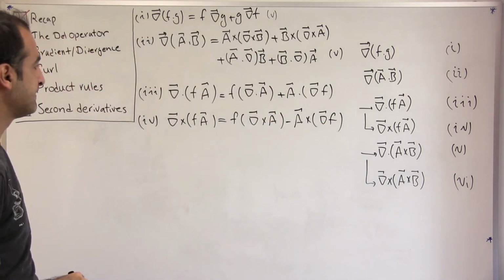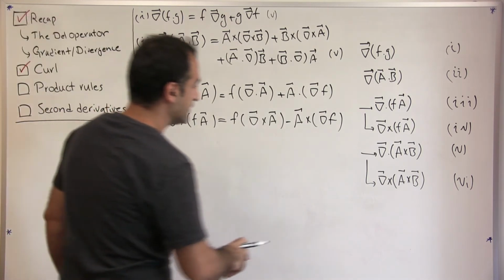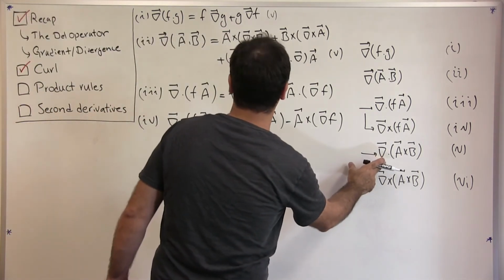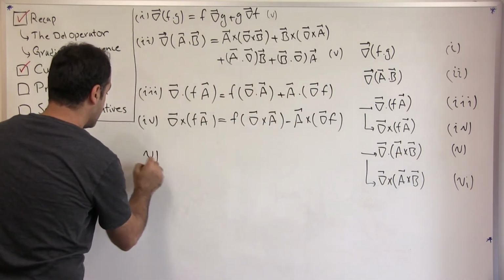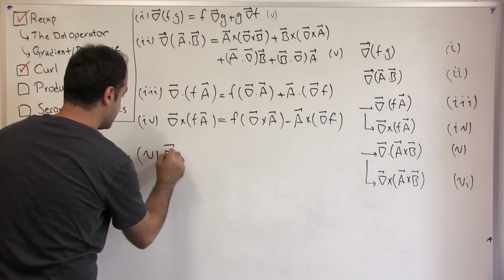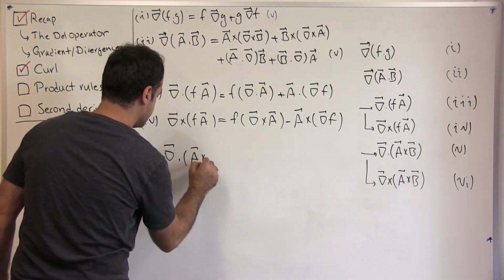Okay. So we did 4 of them. Number 5 is the divergence of a cross product.